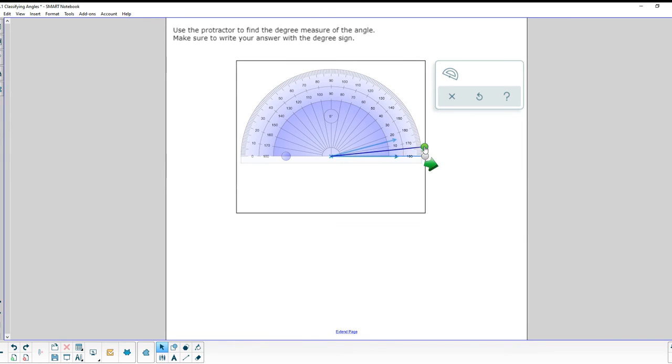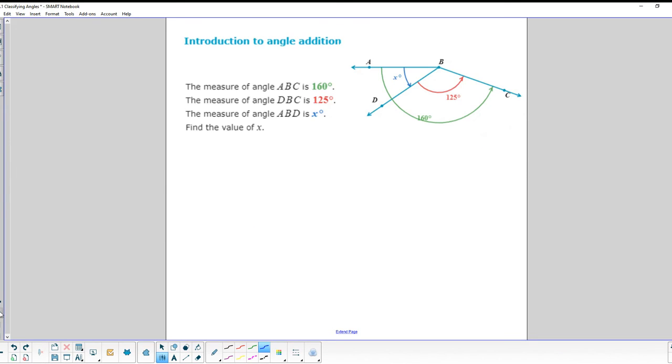In our case, we have a button that we can grab, click and hold down, and rotate this protractor till that's in place. So that would be a 15-degree angle. 15 degrees.